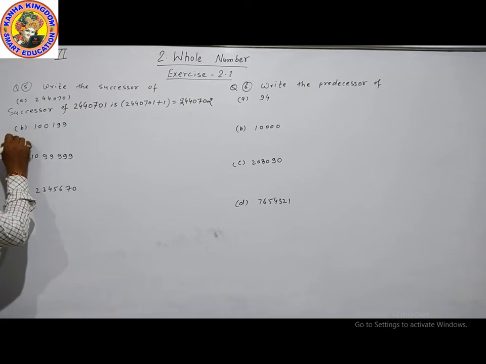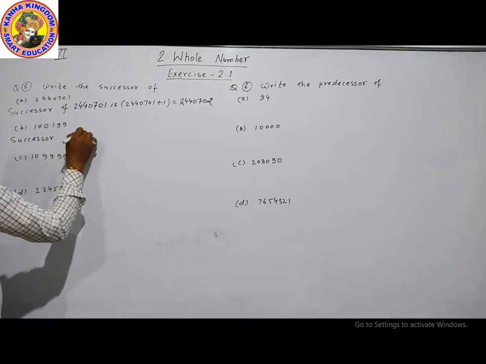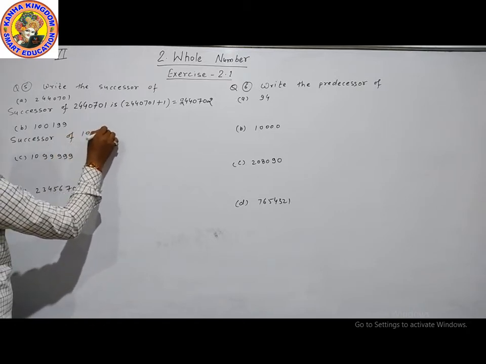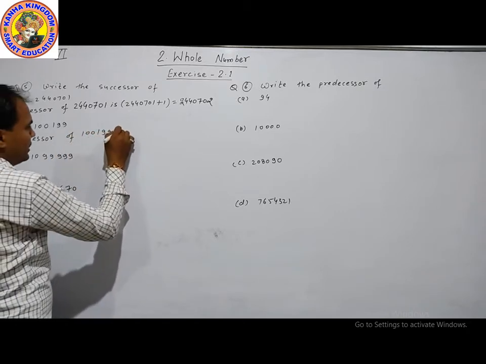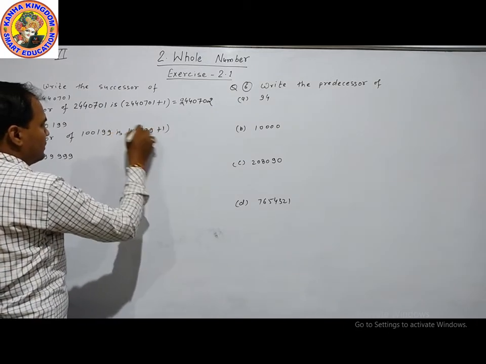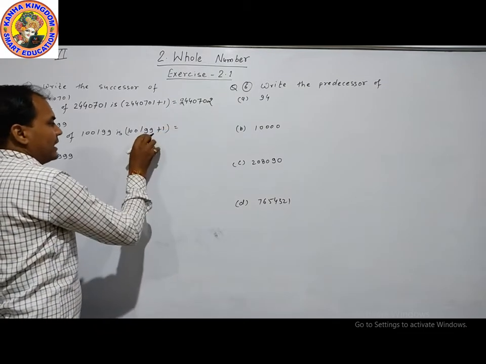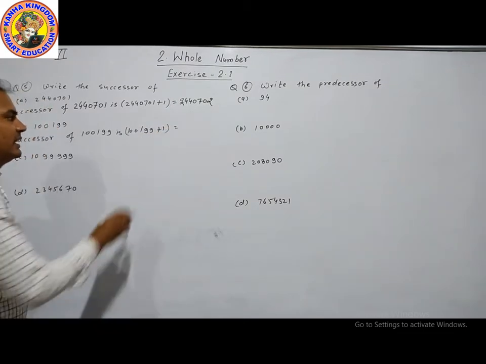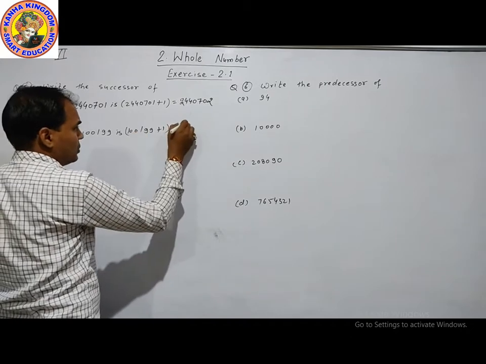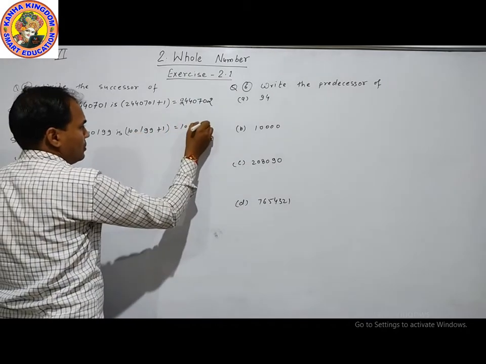Next, the successor of 1,00,199 is 1,00,199 plus 1. The successor is found by plus 1. When 99 plus 1 is 100, so 100,200.